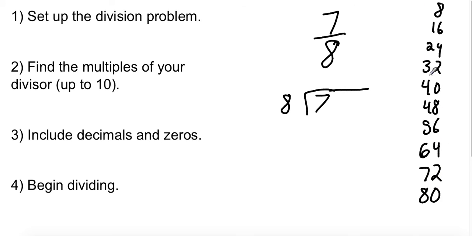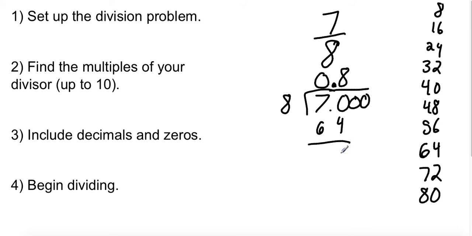So I have all my multiples of 8 over here. And I'm going to include some decimals and some zeros, so 7.000. 8 cannot go into 7, so I'm going to include a 0 up here in my decimal. 8 can go into 70, and it can do this only 8 times. So I'm going to put in 8 out here, because 8 times 8 is 64.